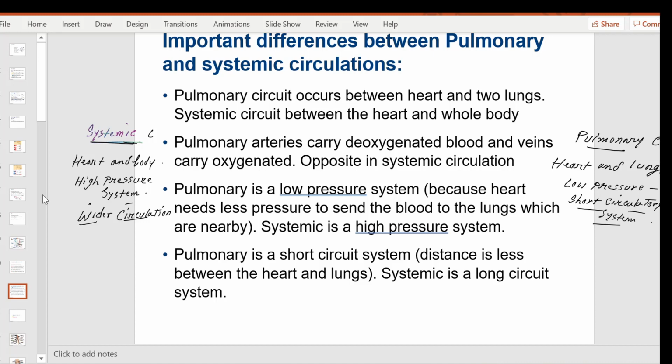Okay, and in systemic circulation, as I mentioned already, arteries carry what type of blood? Oxygenated blood, and veins carry deoxygenated blood.